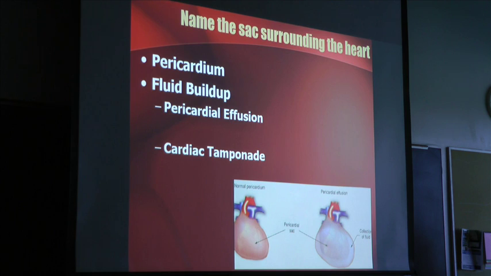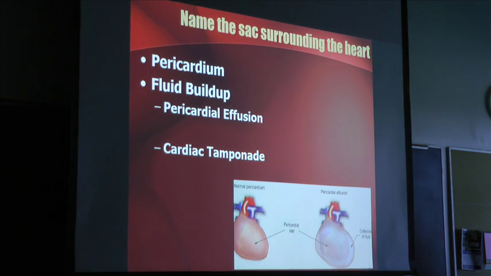So it's a potential space where a lot of fluid could accumulate. And that can happen with trauma where blood from the heart leaks into that pericardial space and gets trapped in there. And it starts surrounding the heart and building up. And now it's compressing the heart. So it becomes an emergency when something like that happens.